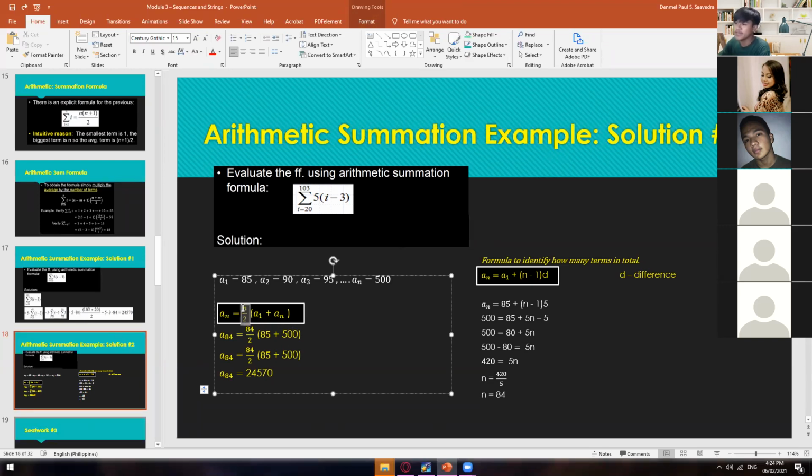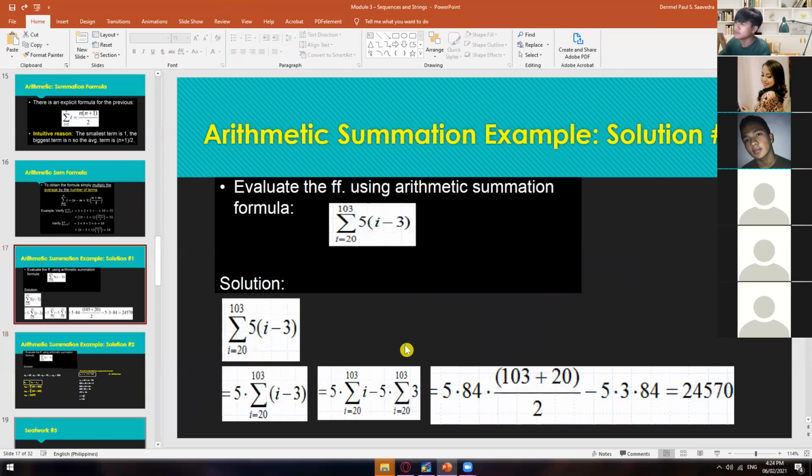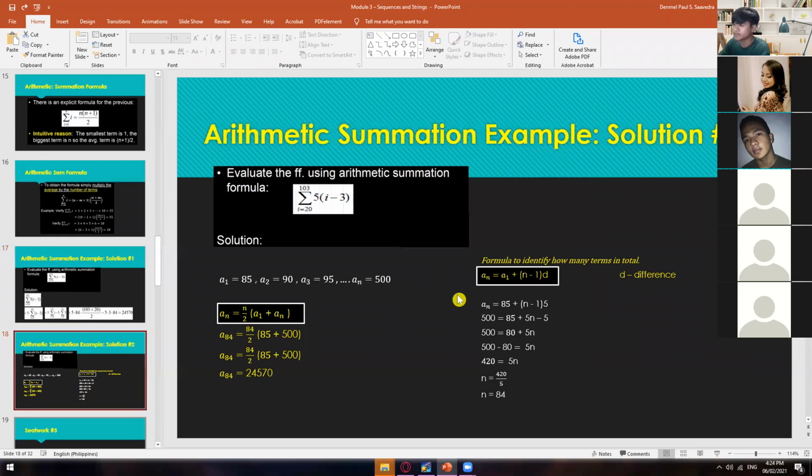Your n here is 84 divided by 2, times a sub 1, which is 85, plus a sub n, which is 500. Then just do the math and you will get 24,570, which is the same as the first solution. So you can use this one or that one. It's up to you.